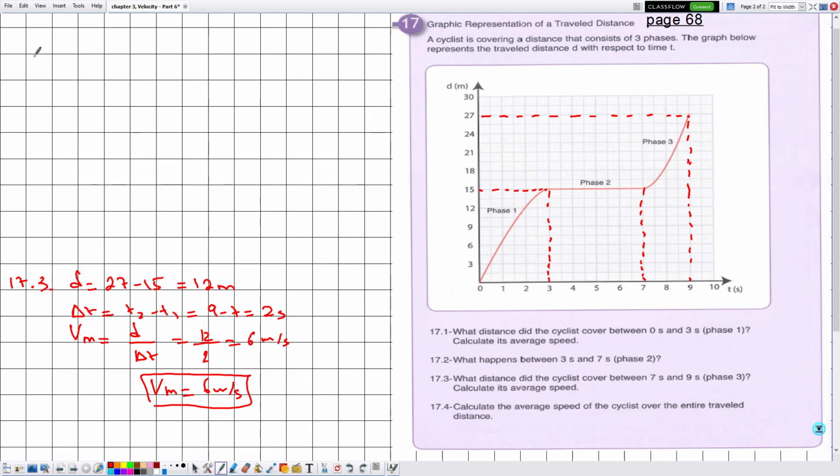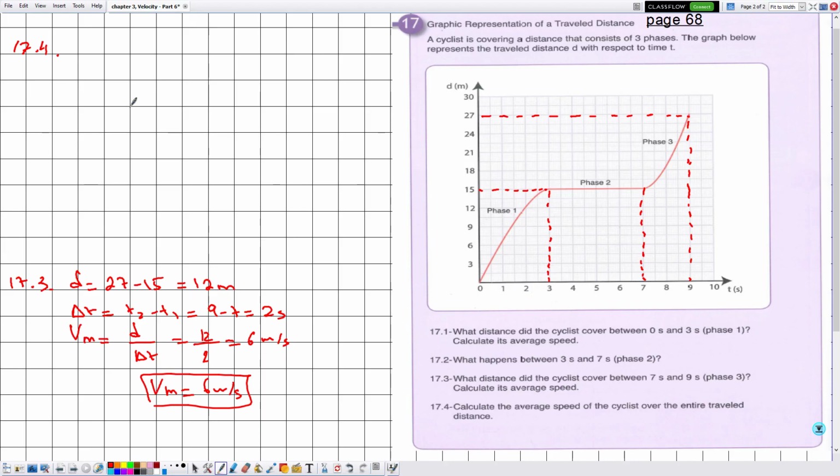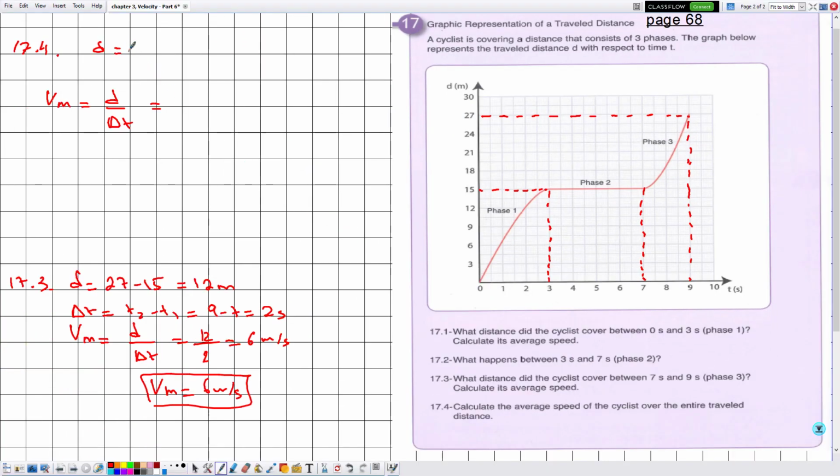And now in 17.4, they are telling me to calculate the average speed of the cyclist over the entire travel distance. Then Vm is equal to d divided by delta t, in which d represents the distance for the whole trip, which is given by 27 minus 0, which is equal to 27 meters.